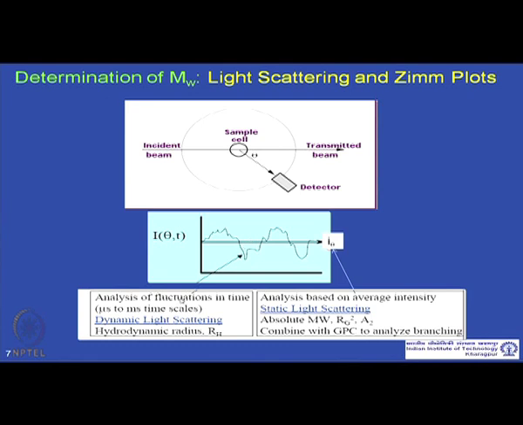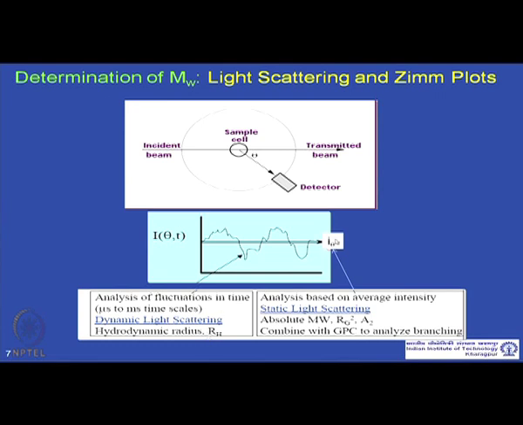Now, from this fluctuation of the scattered intensity, we can apply techniques, like dynamic light scattering, which take advantage of this fluctuation, and we can get information about the radius of gyration and hydrodynamic radius for the polymer molecules.